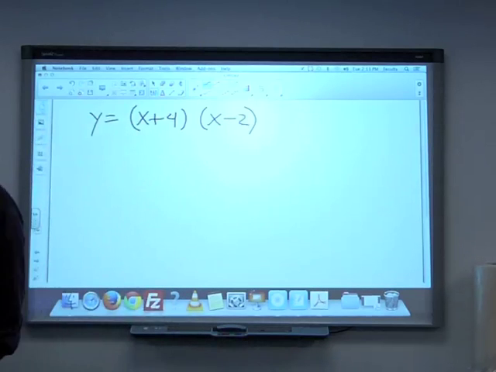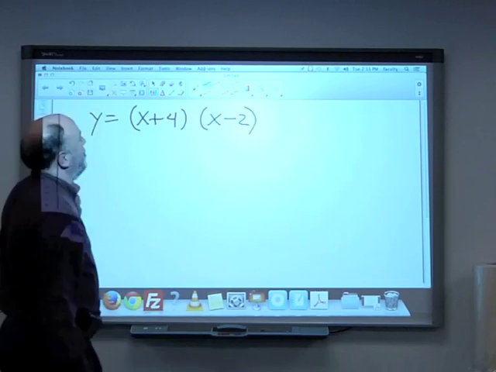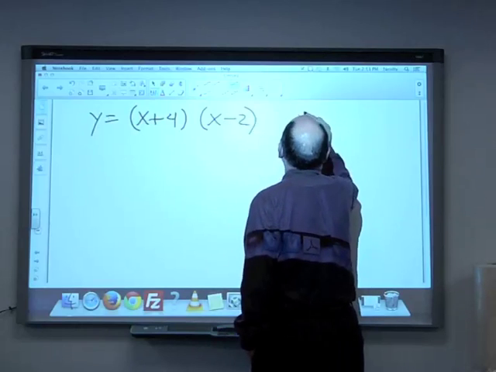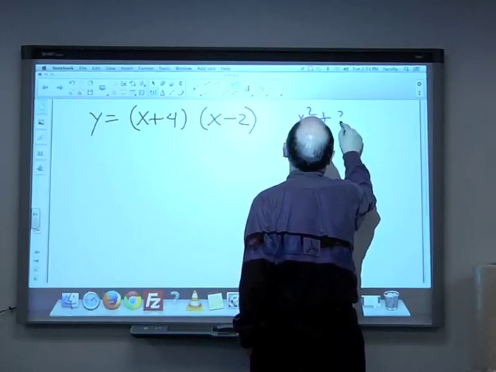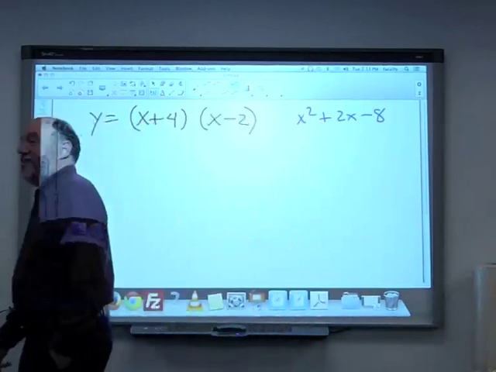That'll be a quadratic if I multiply it out. Everybody remembers the FOIL method? First, outer, inner, last. If I do this out with the whole FOIL method, you will end up with x squared plus 2x minus 8.